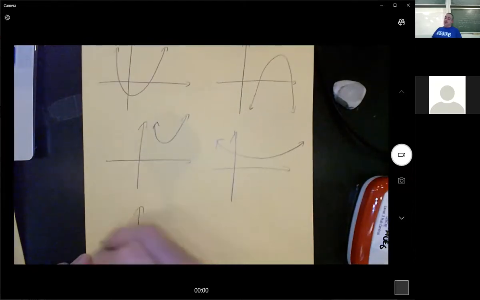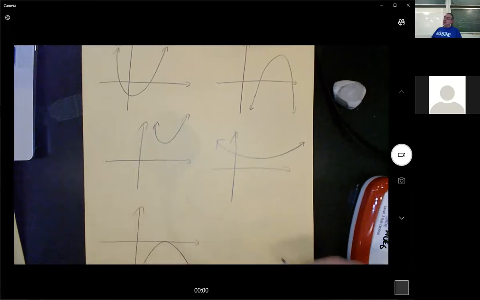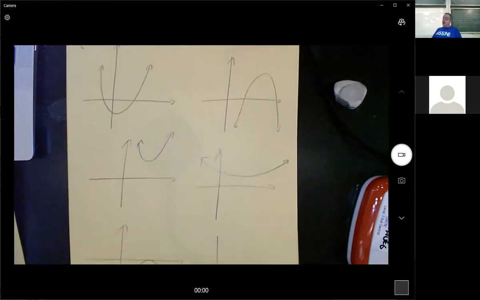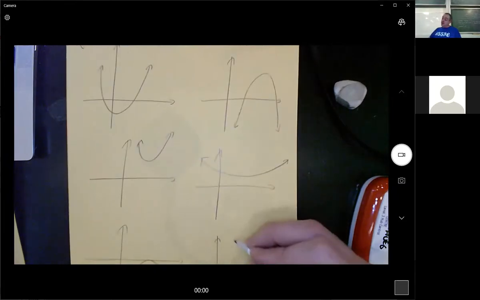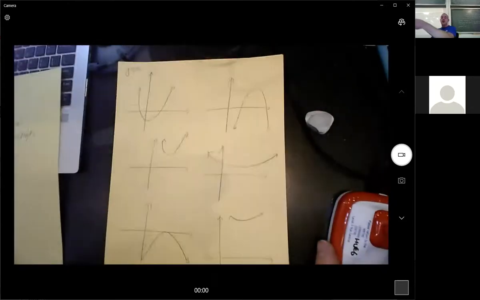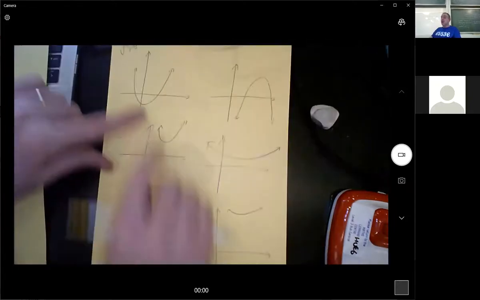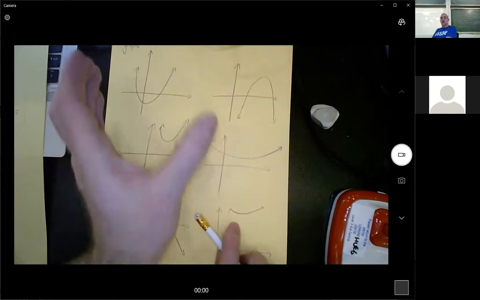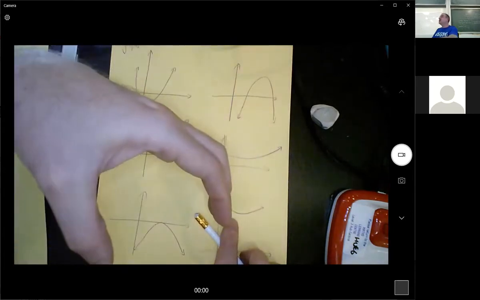They might be sitting right on top of the axis, just touching it like that, and all sorts of other things. It could be that you can't even see them in the picture and they don't start till up here. What quadratic functions have in common is they're all this sort of shape. They're either like that or like that, and they're guaranteed to be that shape.